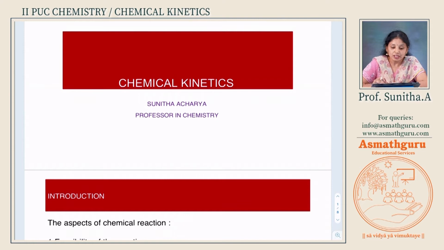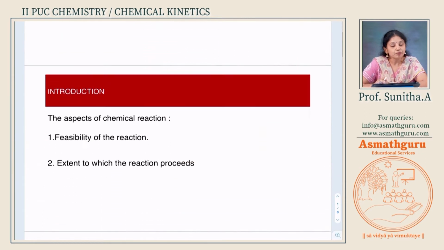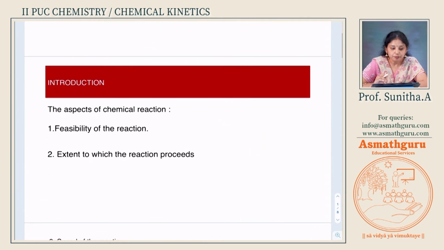Students, chemical kinetics is the topic we are going to study, and from the theory and entrance examination point of view, it is a very useful and important topic with a lot of weightage in both areas. Let's proceed towards the introduction.